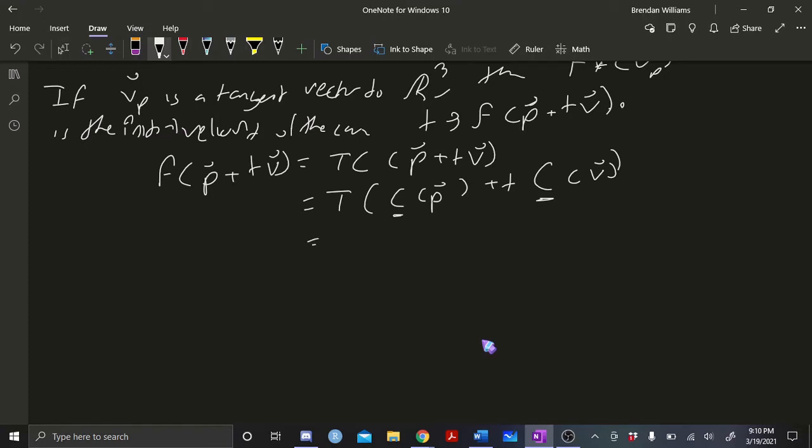And then we can write that this is equal to the vector A, or the point A, plus C of P, plus t C of v, which is equal to f of P plus t C of v.